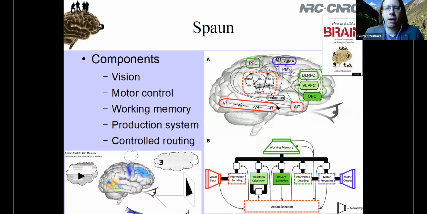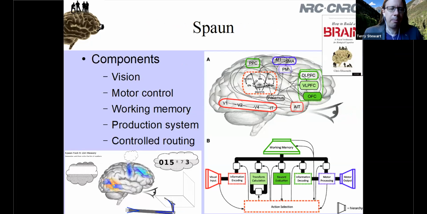We've built some fairly large systems out of that. The main one that we end up pointing to is this Spaun model that came out in 2012. Which is large: 2.5 million spiking neurons, 40 different brain areas, and it was able to do some basic tasks.